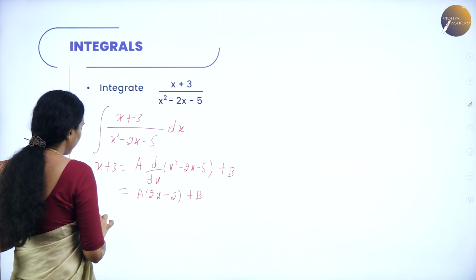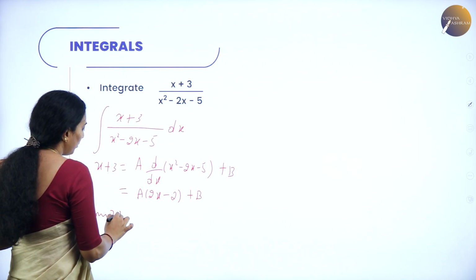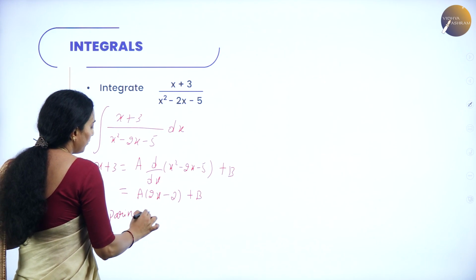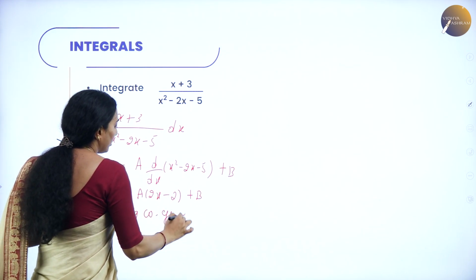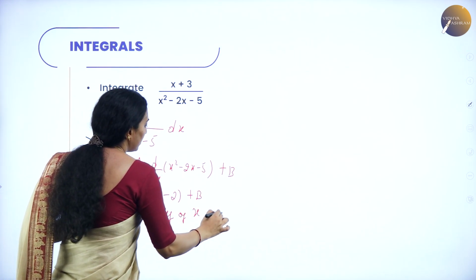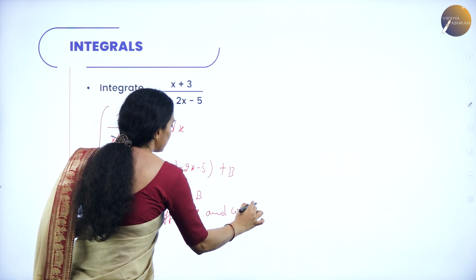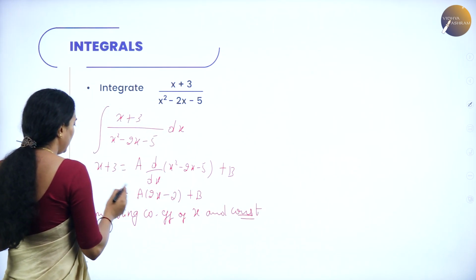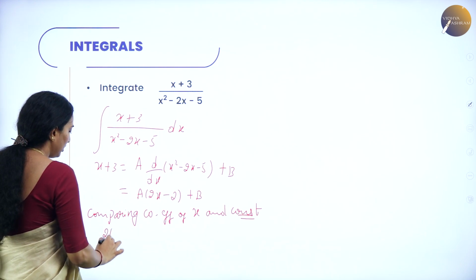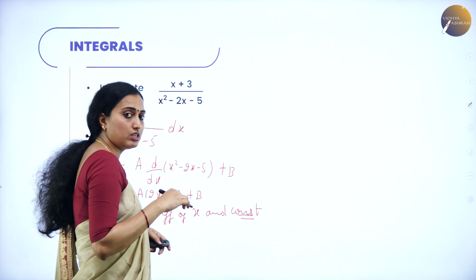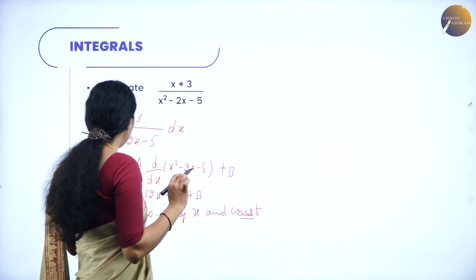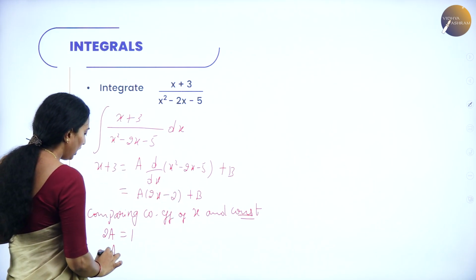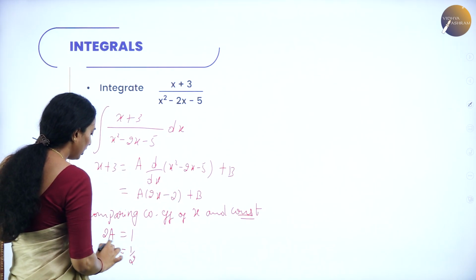Now comparing the coefficient of x and constant terms, 2a is the coefficient of x here. The x coefficient is 1, so a will be equal to 1 by 2. We got the a value.